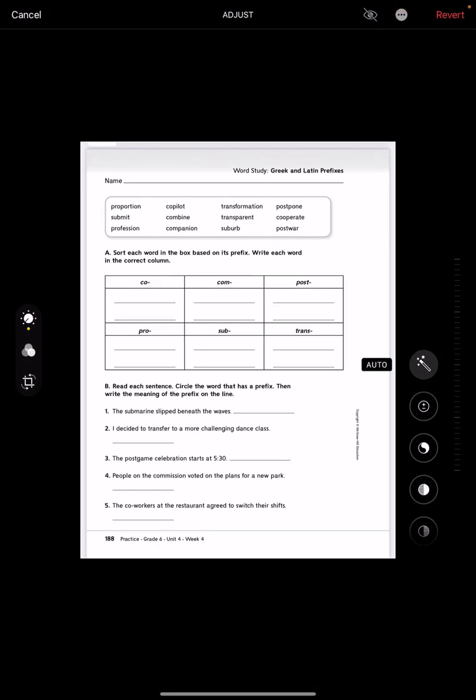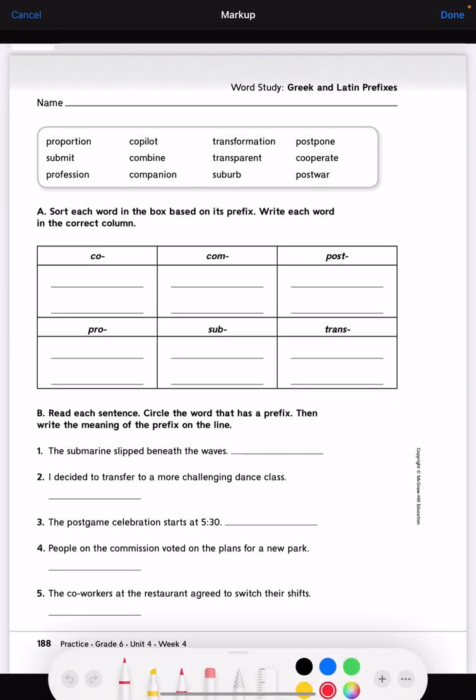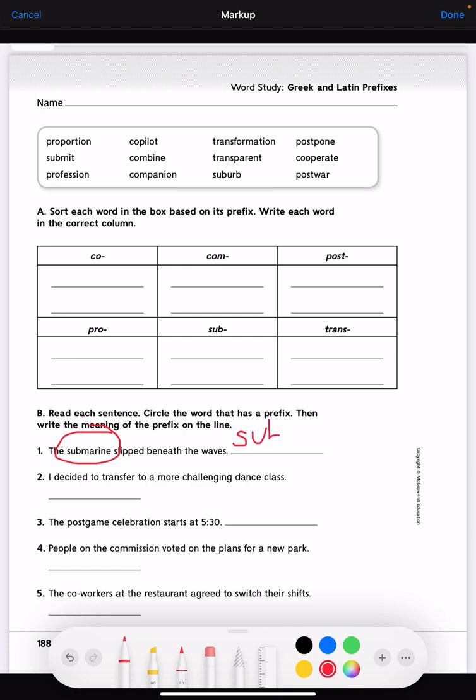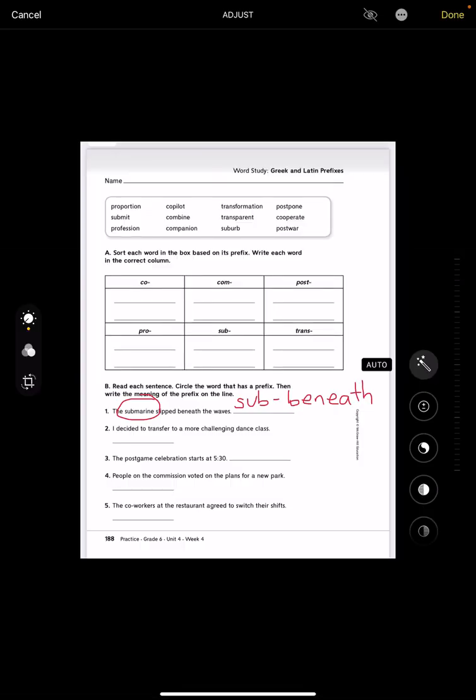So you would identify submarine, and you would say that sub means beneath or under the marine life, under the water. Okay? All right. Moving on.